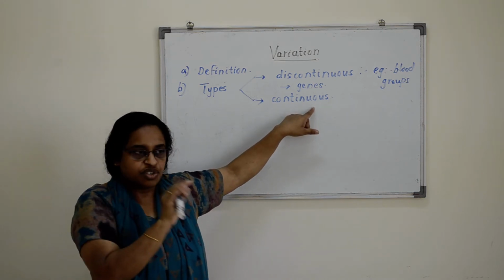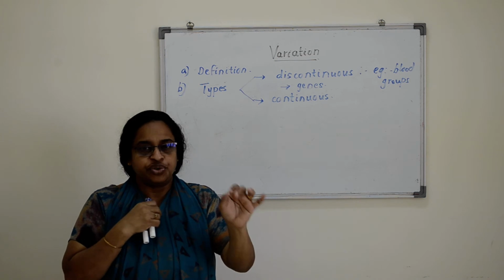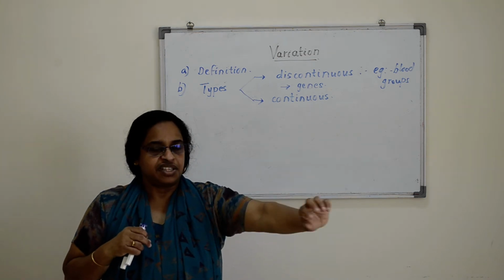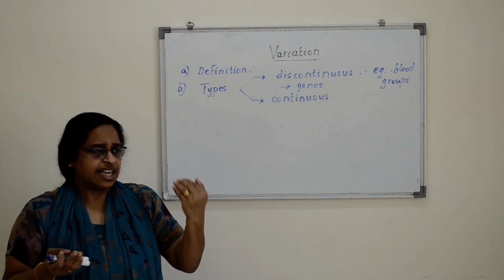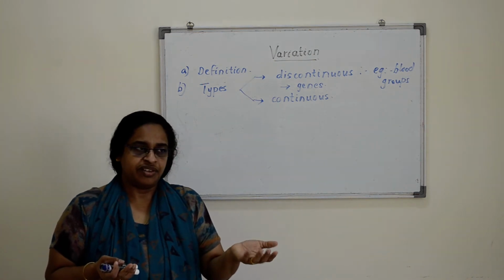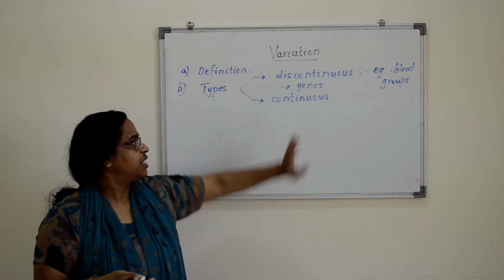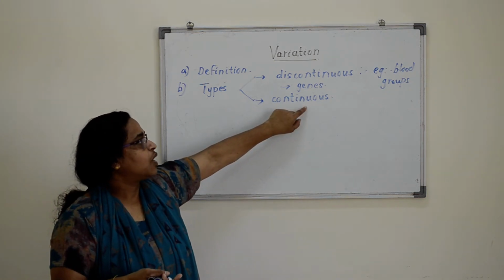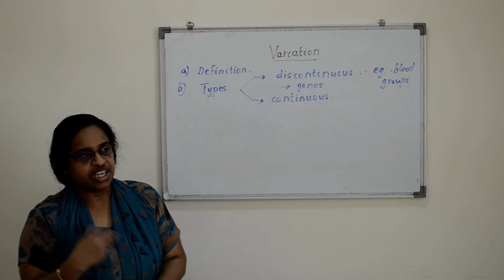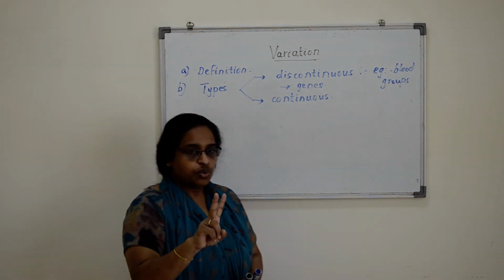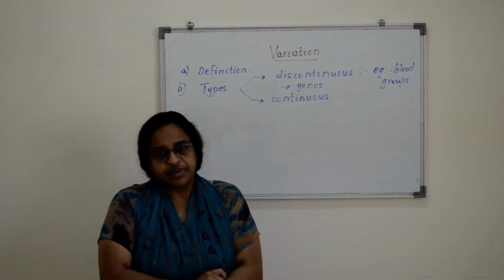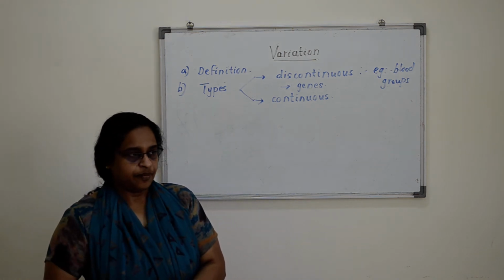It is not mandatory that a grade 10 student must have 165 centimeters or 167 centimeters. It's not like that. It can be 165.5, maybe 0.2 like that. So that kind of variation, we call continuous variation. And you have learned there are 2 alleles to determine the height of a person.